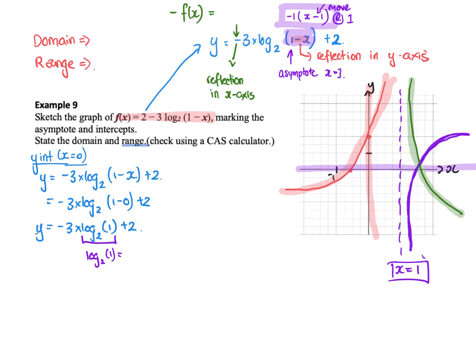I just want to know what that equals, so I'll call it h. So remember, 2 to the power of h equals 1. Isn't 1 the same as 2 to the 0? Yeah? So h equals 0. So log 2 of 1 is 0, isn't it? So now I know this bit in here is equal to 0.